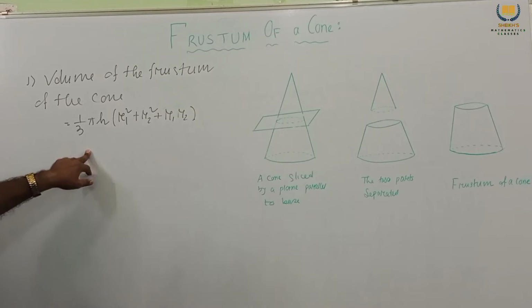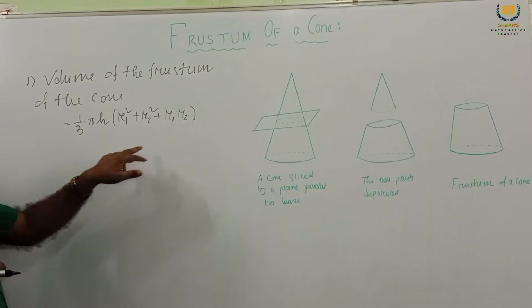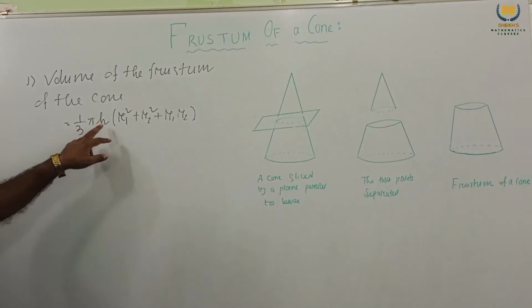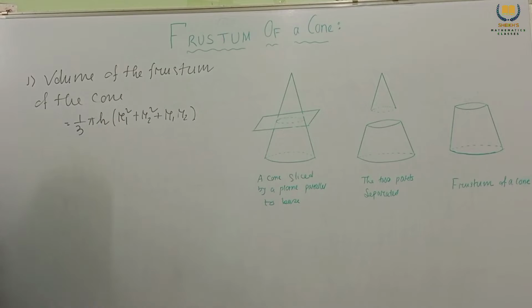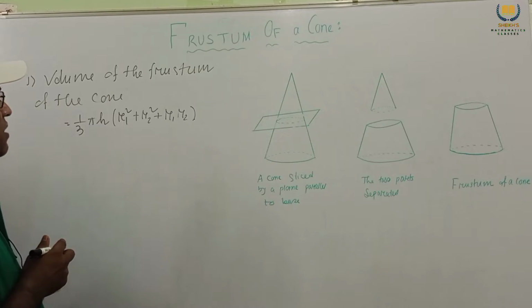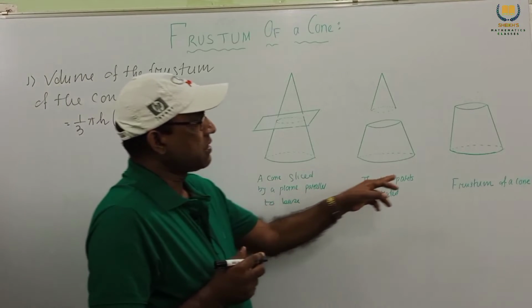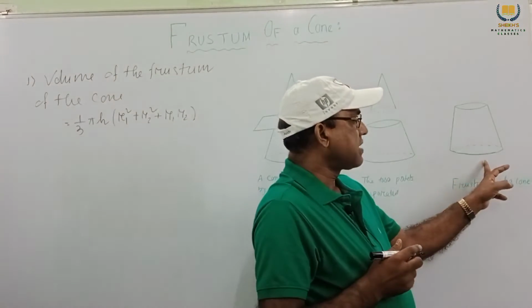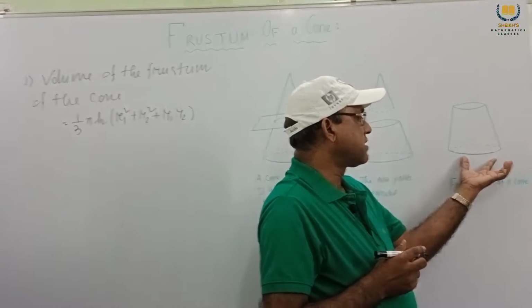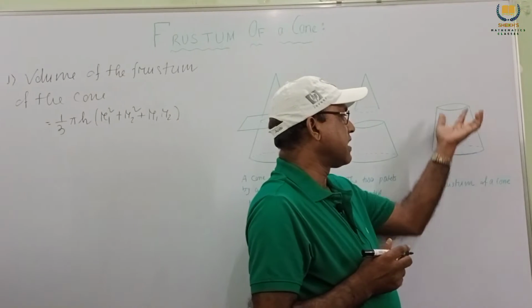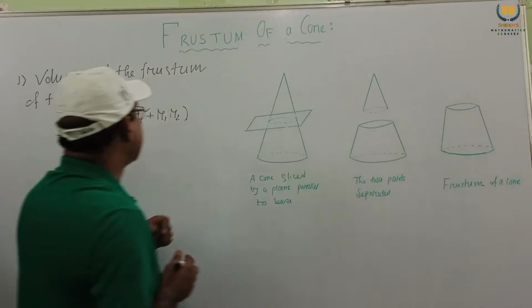This is the volume of the frustum of a cone. Here, if the lower radius is R1 and the upper is R2, then obviously R1 is greater than R2.